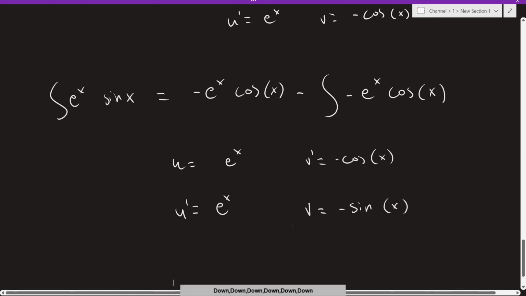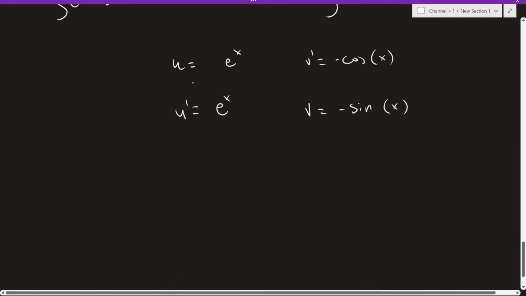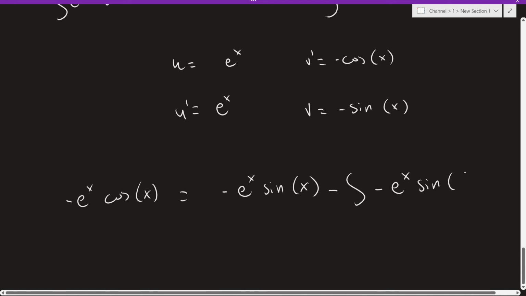All right, apply the formula, which is uv minus the integral of u prime v, so negative e^x cosine x is equal to uv, which is negative e^x sine x, minus the integration of negative e^x sine x. We can remove the negative here. It's going to be plus the integration of e^x sine x.